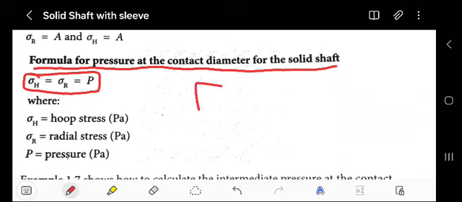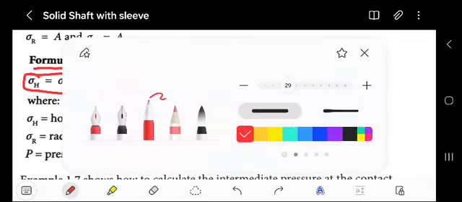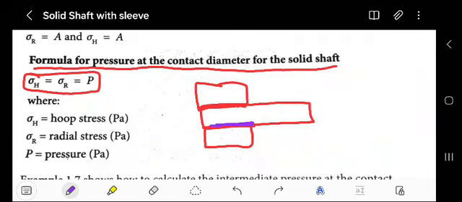Only when you are given a sleeve with a shaft, we must understand this at the common diameter, which is the same as the inside diameter, but it's a common diameter.